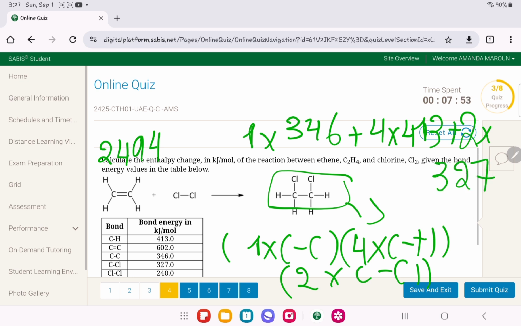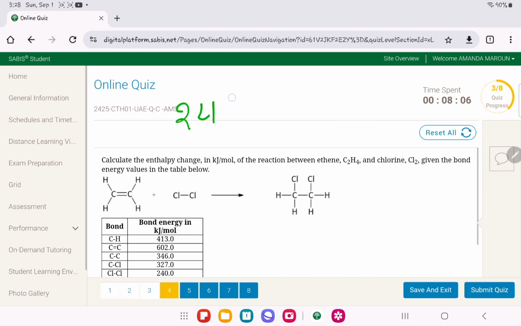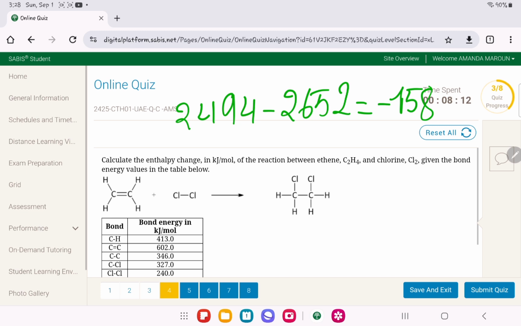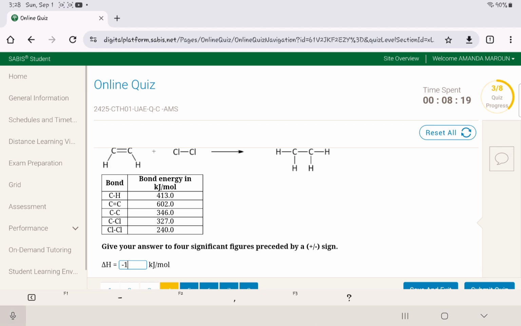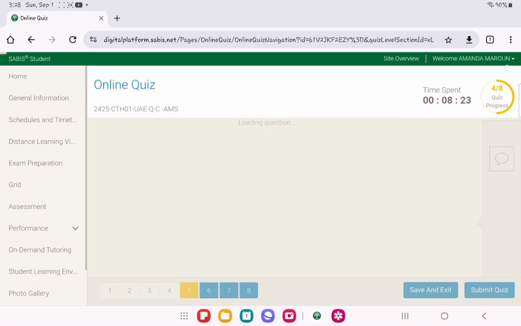So we're going to have 346 plus 4 times 413 plus 2 times 327. We're going to get 2652. So that means we're going to have 2494 minus 2652. It's going to give us negative 158. But they require it in what? 4 significant figures. So minus 158.0. Don't forget the 0.0.